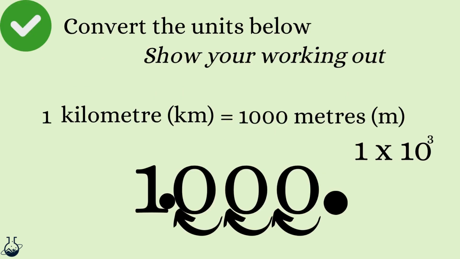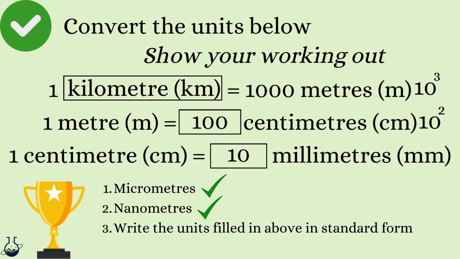For example, 1 kilometre is 1 times 10 to the power of 3 metres, which is 1,000 metres, because the decimal point would have to move 3 places on the 1,000 to reach the 1. That means 1 metre is 100 centimetres, which is 10 to the power of 2, and 1 centimetre is 10 millimetres, which is 10 to the power of 1.